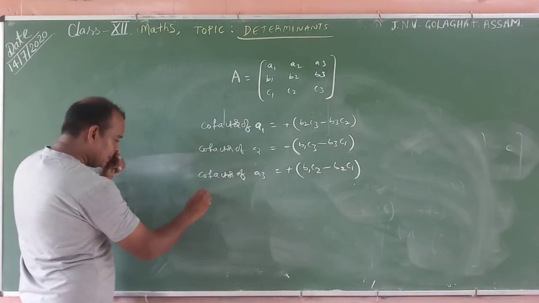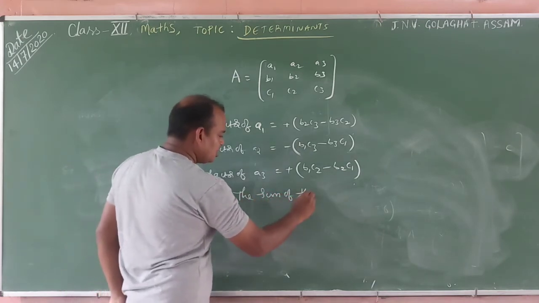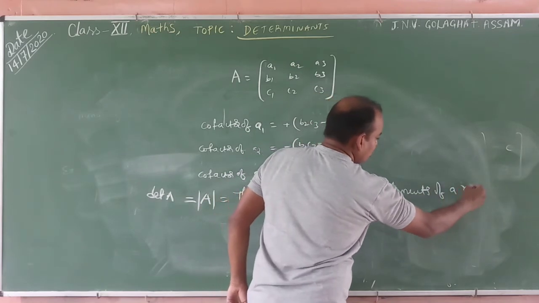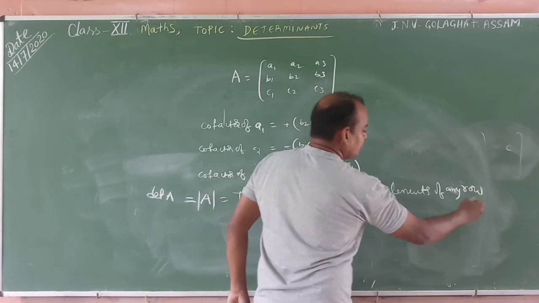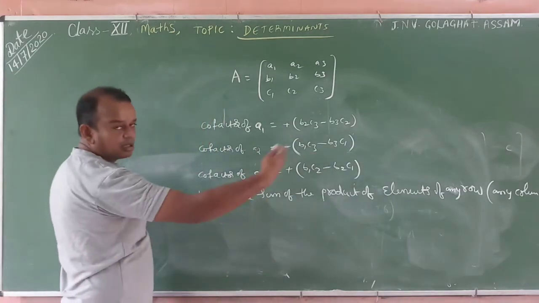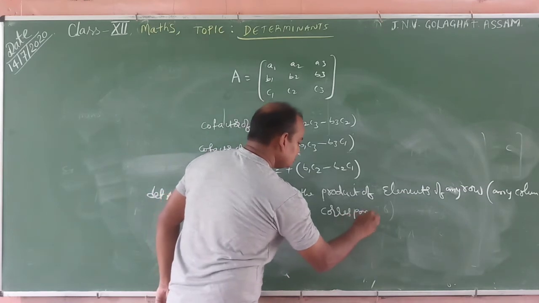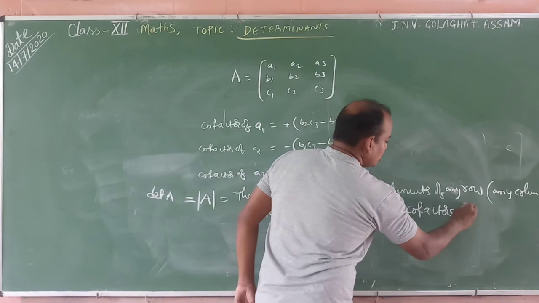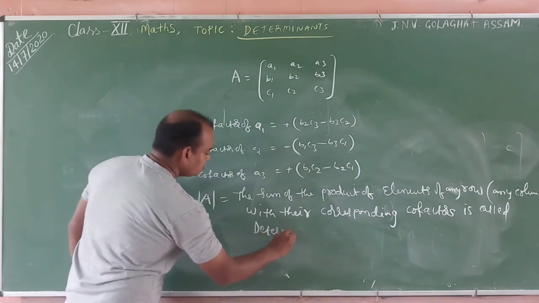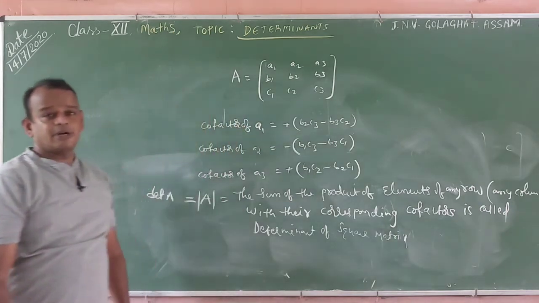Now the determinant of A is equal to the sum of the products of elements of any row, or in the bracket any column, with their corresponding cofactors. This is called the determinant of a square matrix.